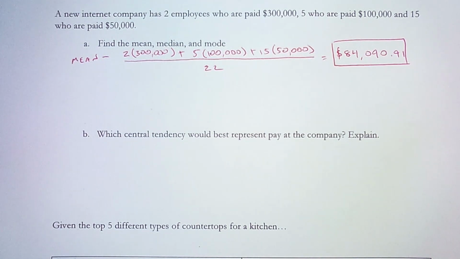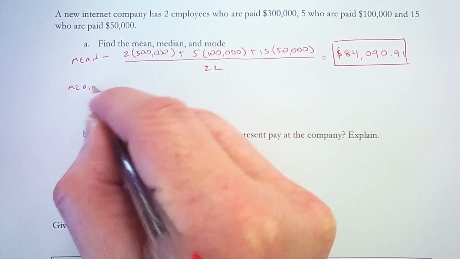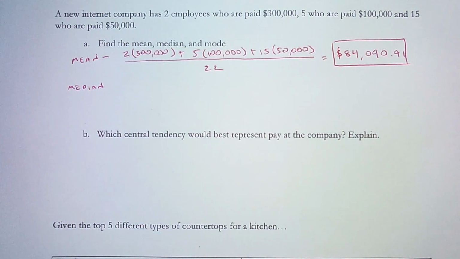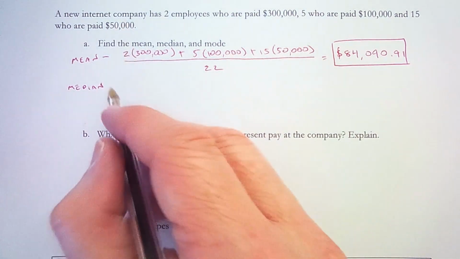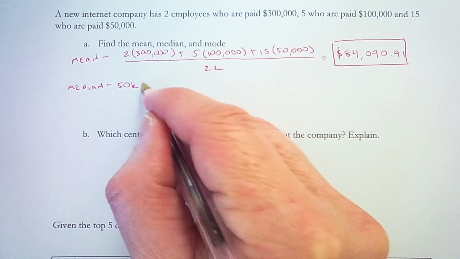Next is the median. Now, in order to find the median, we have to write these in numerical order. There are 15 employees who make $50,000. So we've got 50K 15 times.